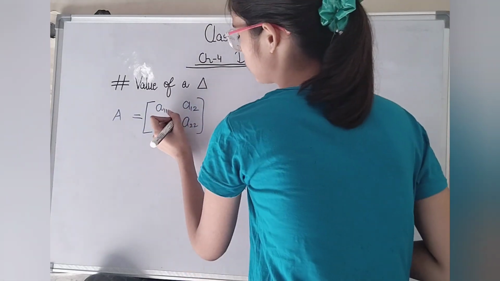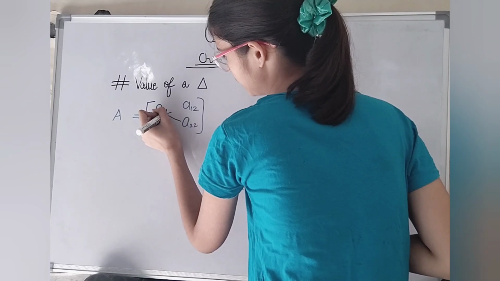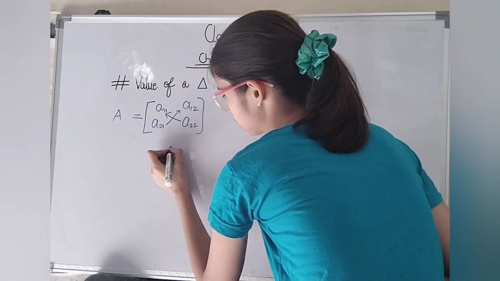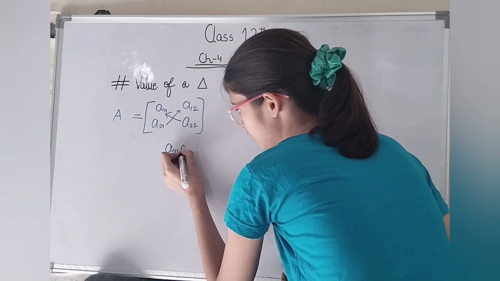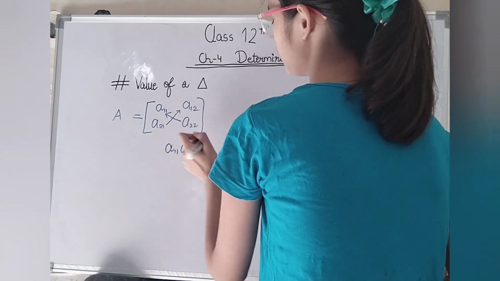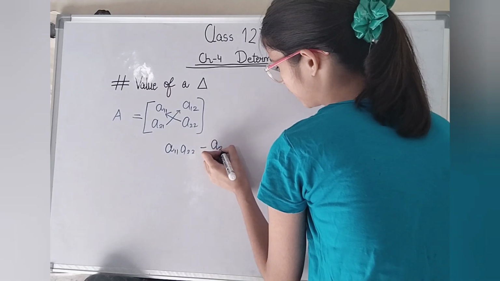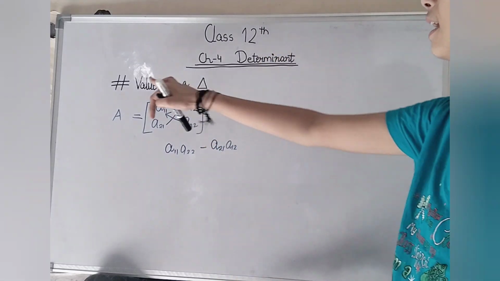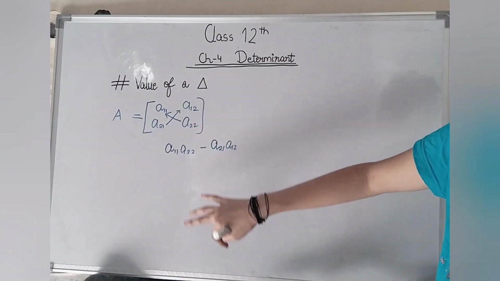So we are going to first cross multiply these elements, and then we will multiply A11 into A22 and then subtract from it A21 into A12. So this is how we find the value of a determinant.